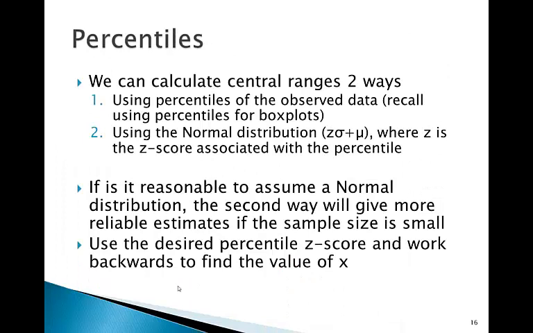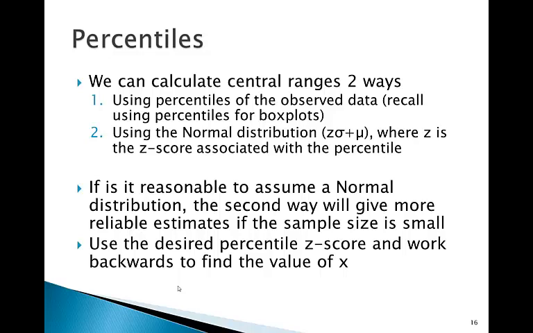We can also use the z-table to help us calculate percentiles. Percentiles can be calculated using the observed data. If you remember when we talked about box plots, we calculated percentiles using observed data. If it's reasonable to assume a normal distribution, we can calculate the percentiles of a distribution using the z-scores.